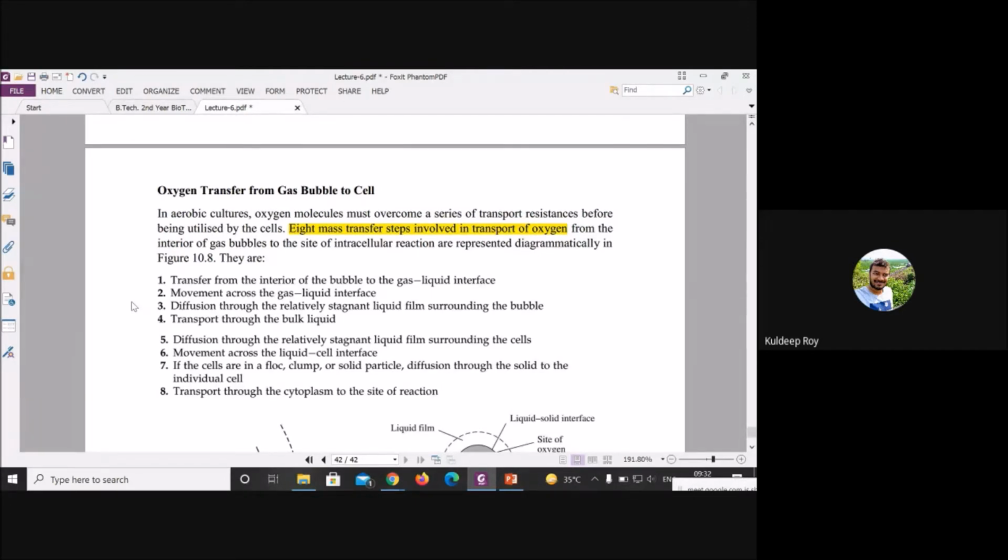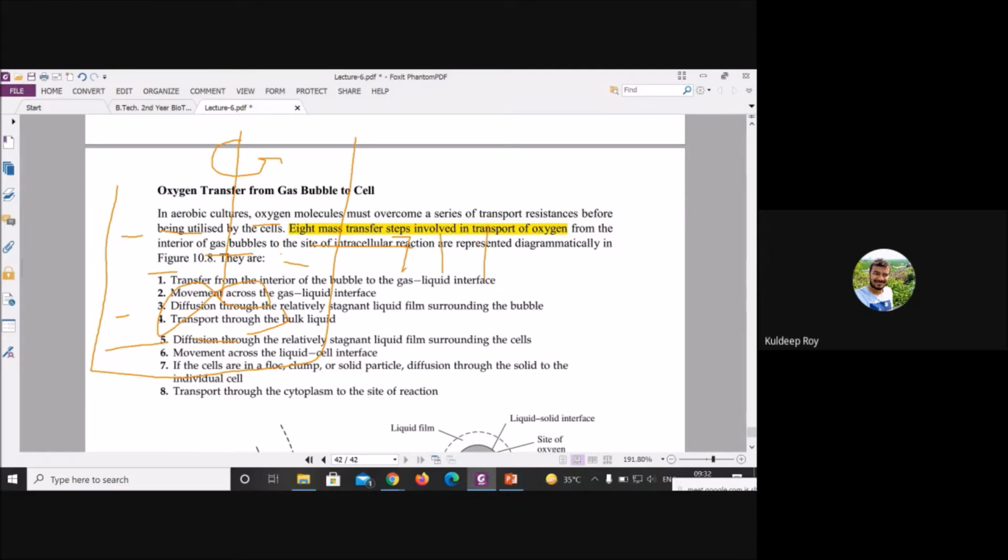Today we will see how it is related to a bioreactor, and how you will determine mass transfer in a bioreactor. From the first day we are saying that if you add any kind of microbe to grow in a particular reactor, and you rotate your agitator at high speed, it will increase the turbulence and increase the mass transfer.